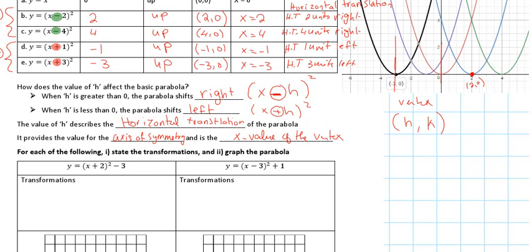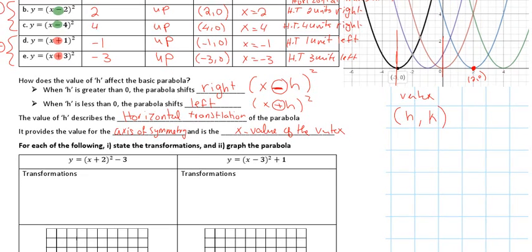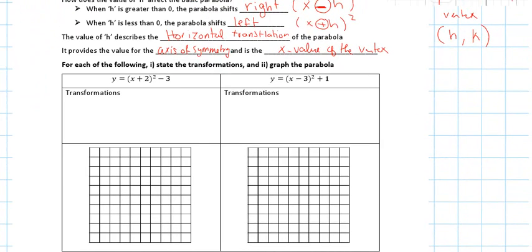So let's look at this. What kind of transformation do you see here? Do you see more than one transformation? Yes. So let's start with the one inside the bracket. What do we call this?